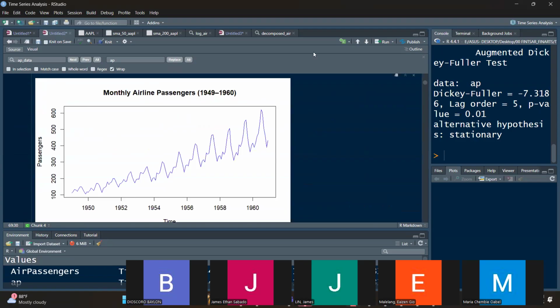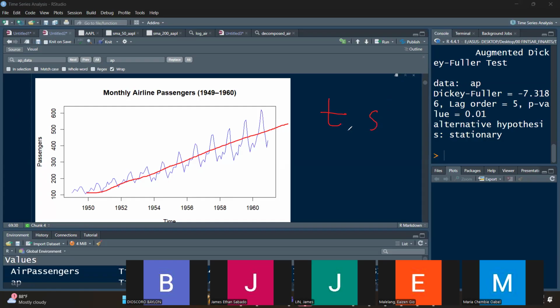If you take a look at our data, here the KPSS test is actually correct. The assumption is that it has a trend. So in that regard, the KPSS is correct in saying that it has a trend, because the null hypothesis here is that it is trend stationary.